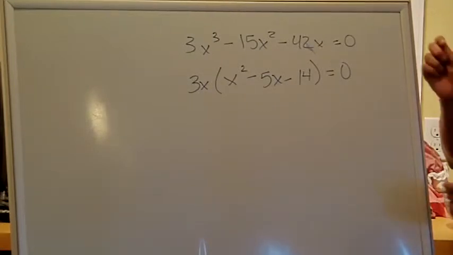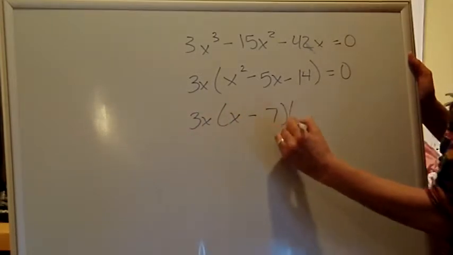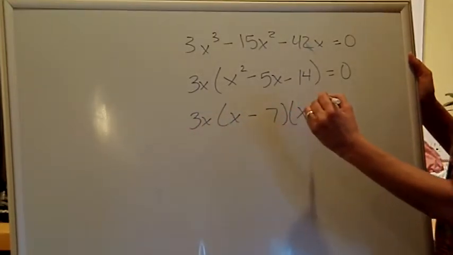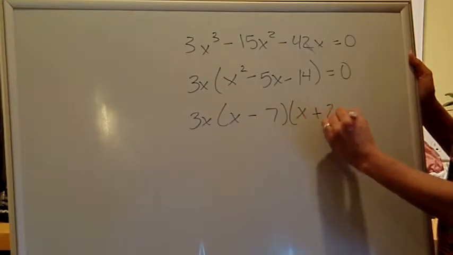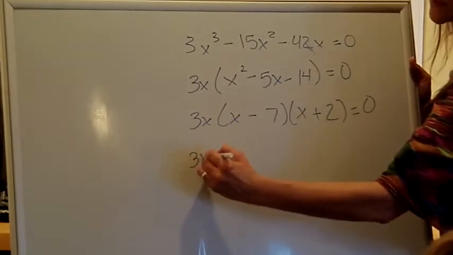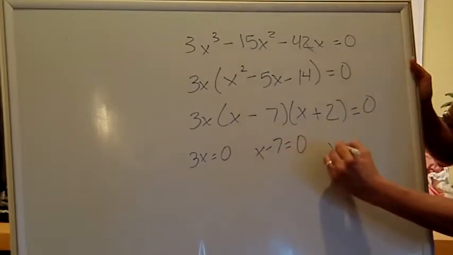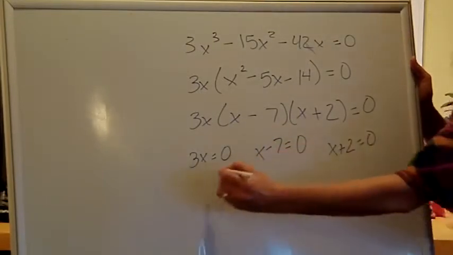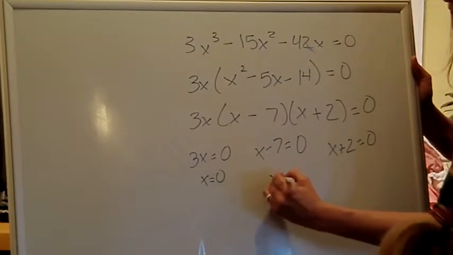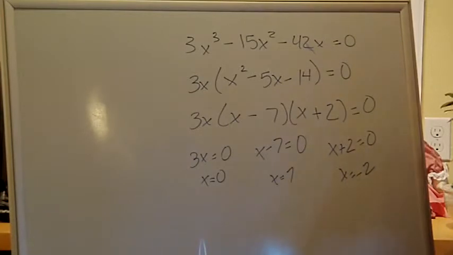Looks like my zeros, you set each part equal to 0. You get 0, 7, and negative 2. If I'm going too fast or if I'm doing something you don't remember, let me know. Answer choice J.